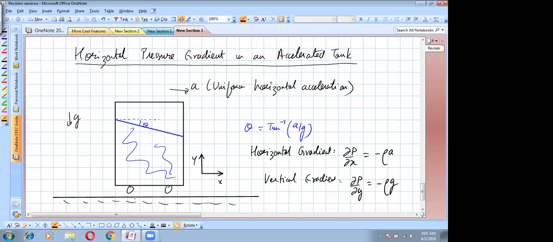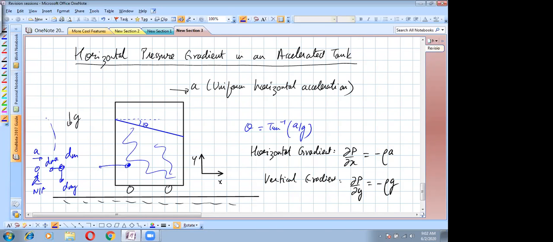Okay, so why does this happen? Because if you consider a fluid element, a volume of fluid of mass dm, it is at rest in the non-inertial frame, which is accelerating like this. So on this there is weight, but there is also a pseudo force.